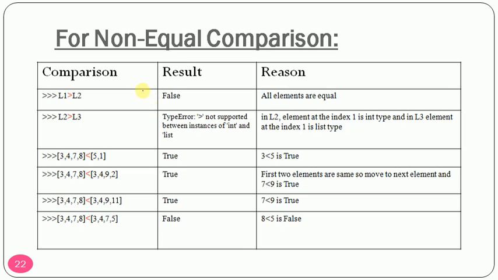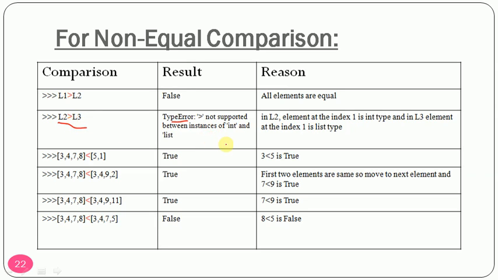Now let's look at the non-equal comparison, that is greater than, less than, all those things. L1 greater than L2 is False. L1 is equal to L2, so L1 is not greater than L2. L2 greater than L3: when we compare L2 and L3, it will generate a type error because L2 is not the same as L3.